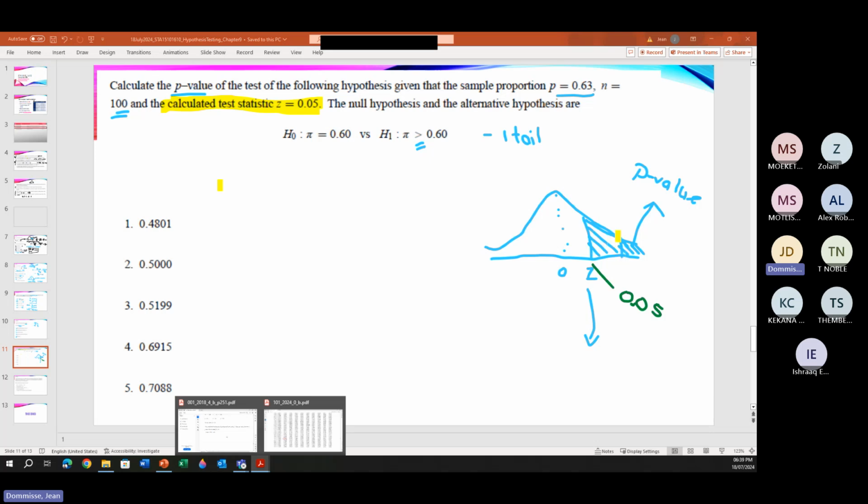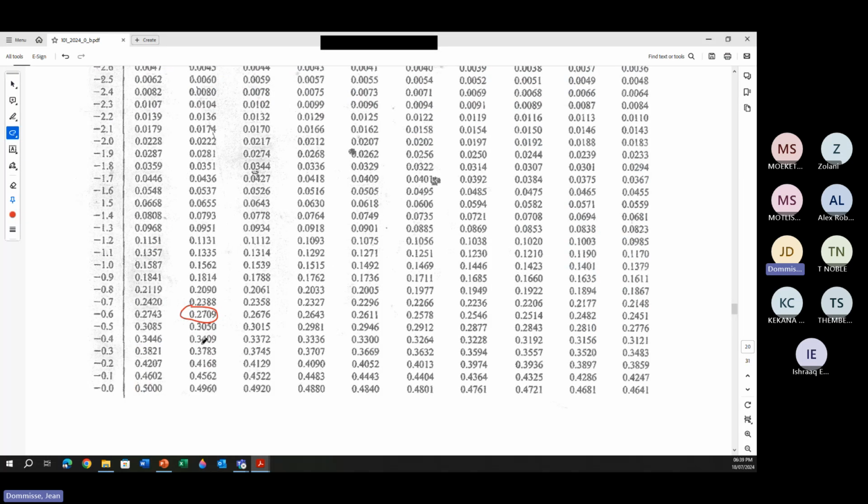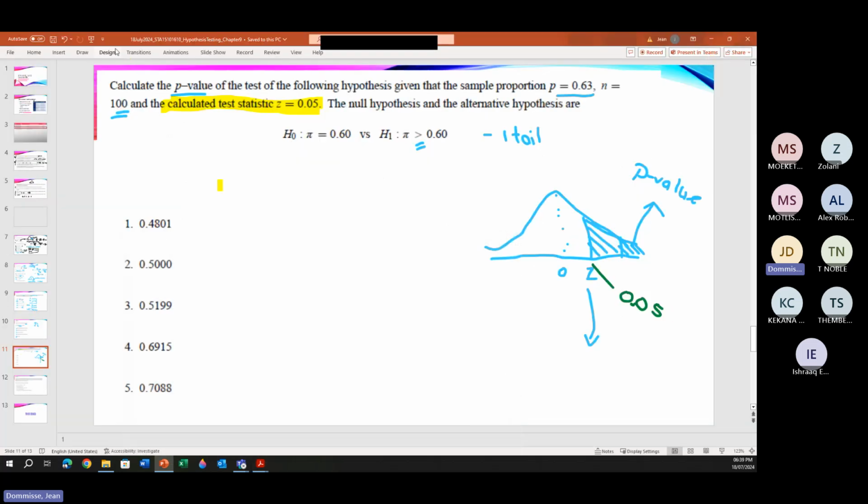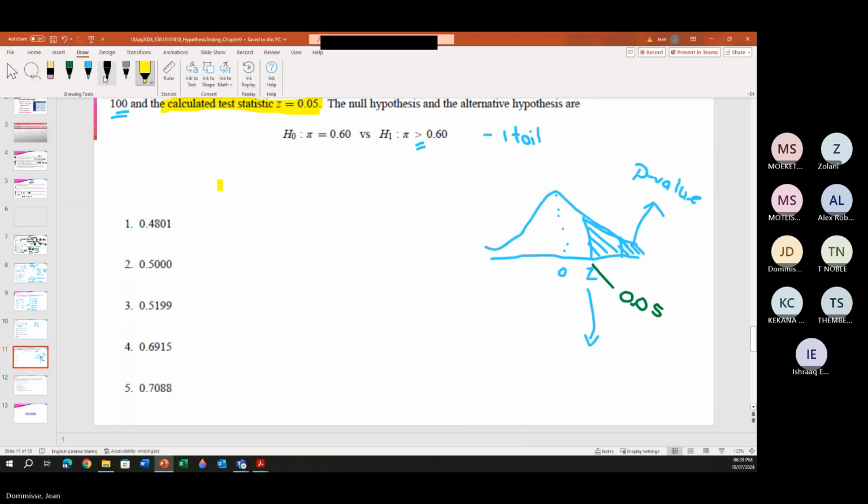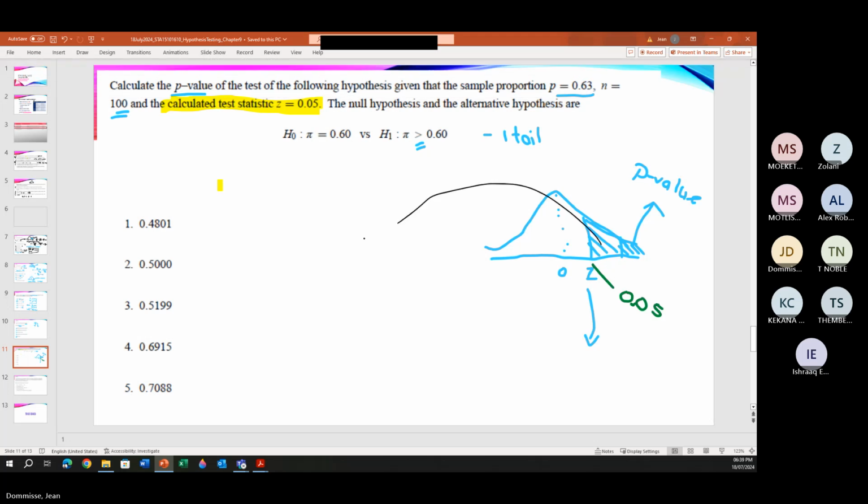So again, we can go to the negative table, 0.05, and it is 0.4801. So that is 0.4801.